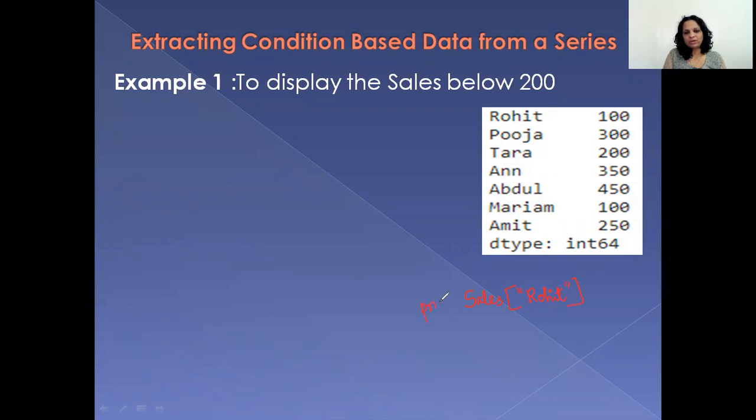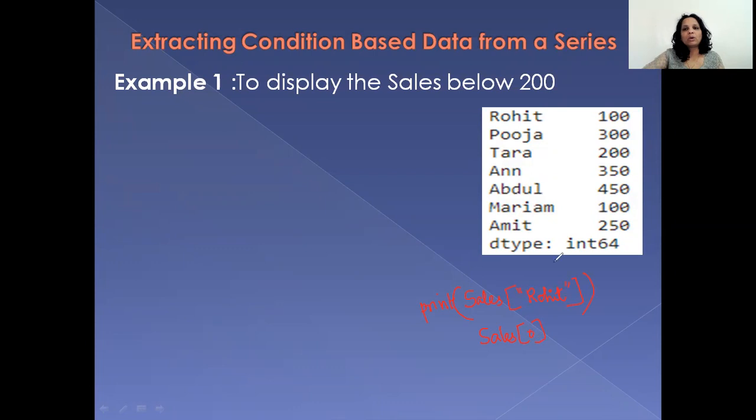If I said print sales, square bracket and quotes Rohit, I would get Rohit's sales displayed, or I could have also written sales square bracket 0, that means positional index 0, which would mean the same. We also learned that we could do slicing. I could write Rohit colon Abdul, so everything from Rohit to Abdul. These were not condition based. They were just accessing elements of the data series.